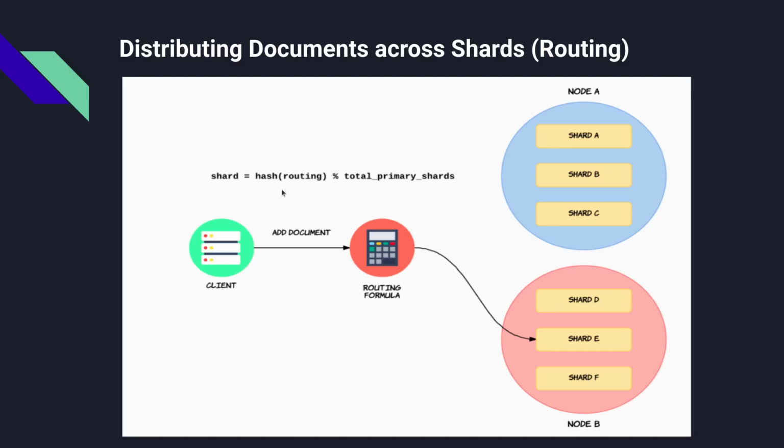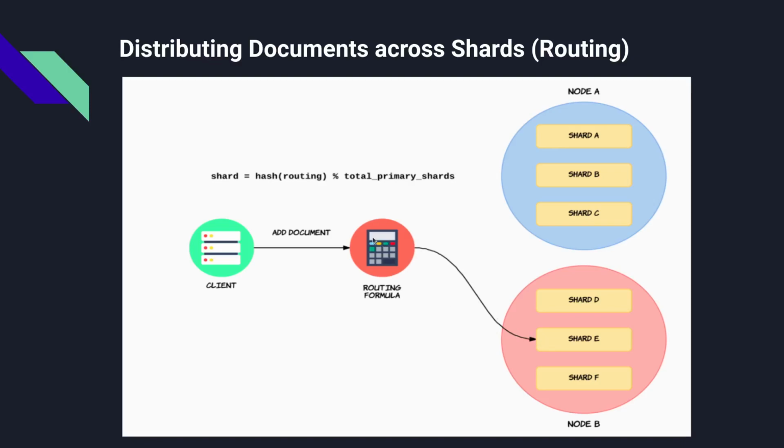You see over here a formula is written which gives us the shard on which the document will be stored. For example, if you are a client and you add a document, this routing formula gets applied, and this gives you the shard value in which your document will be present, or where the document will be stored, or from where the document will be retrieved.